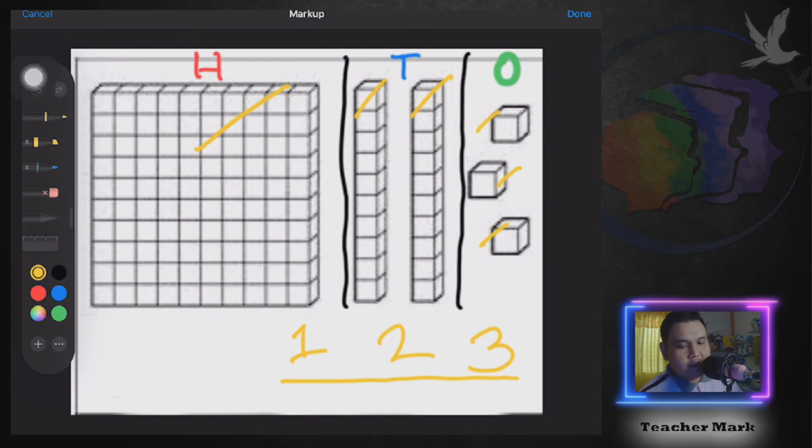Since this is tens, this is actually equivalent to 20. And since this is in hundreds, this one is equivalent to 100. And if you add all 3, that will give you 123.